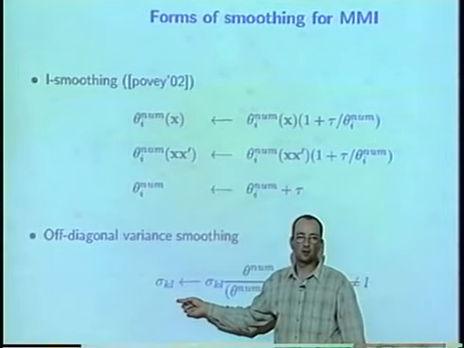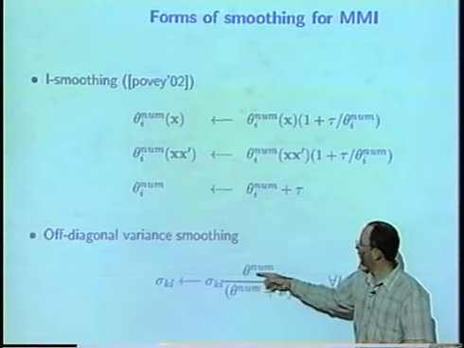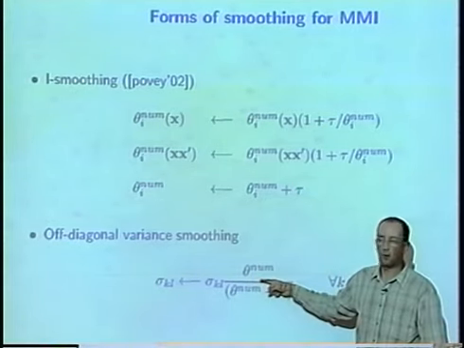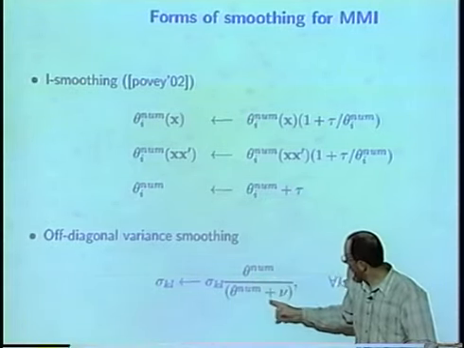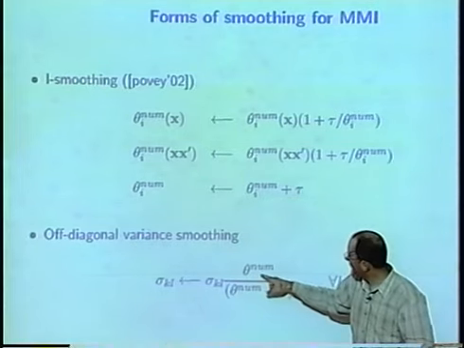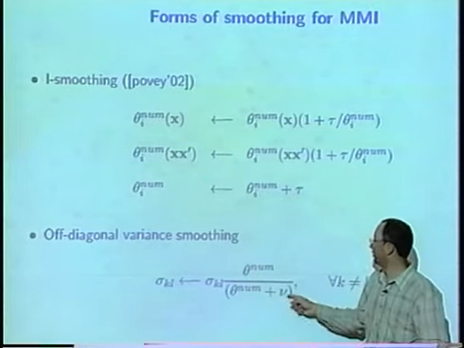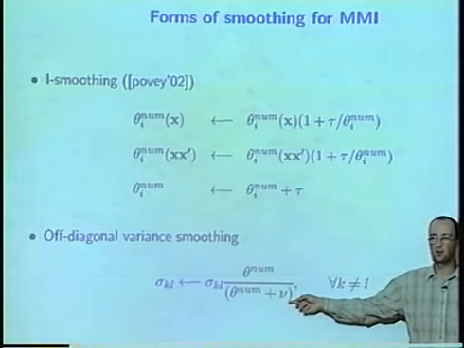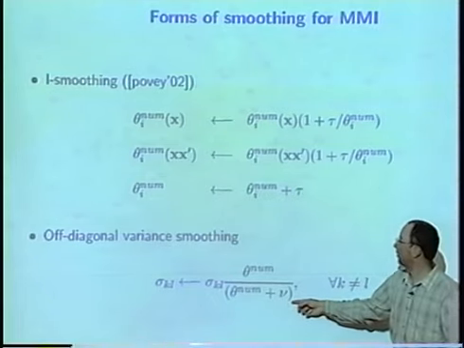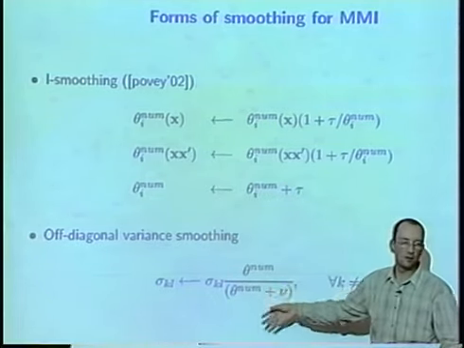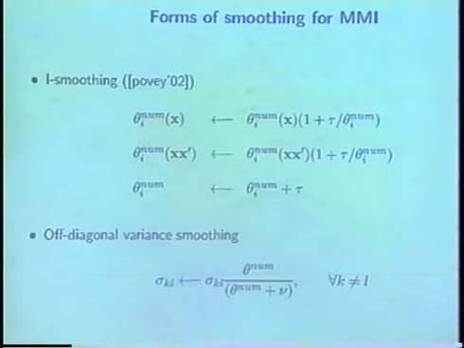You leave the off-diagonal elements unchanged. However, if that Gaussian gets very few ML counts, then you divide the off-diagonal elements by this expression here. So this new term here starts to dominate. Okay. In particular, if it gets 0 counts, then you'll just zero out the off-diagonal elements. Okay.